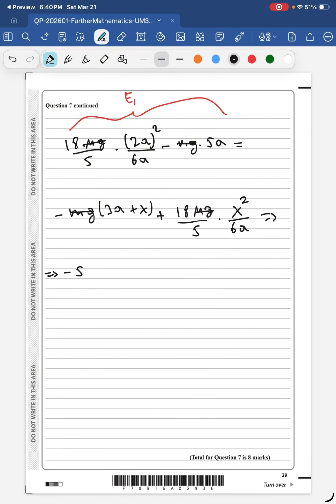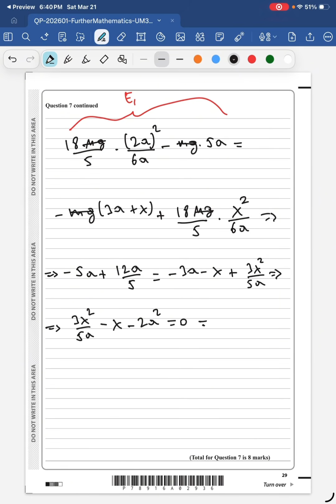So minus 5a plus 12a over 5 is equal to minus 3a minus x plus 3x squared over 5a. Okay, so 3x squared over 5a minus x minus 2a squared is 0, and we can create a common denominator.